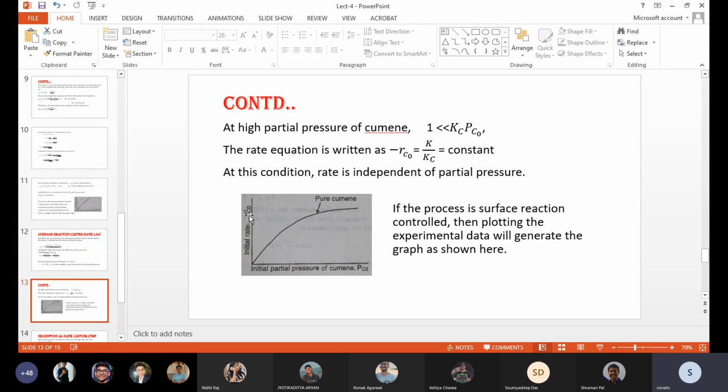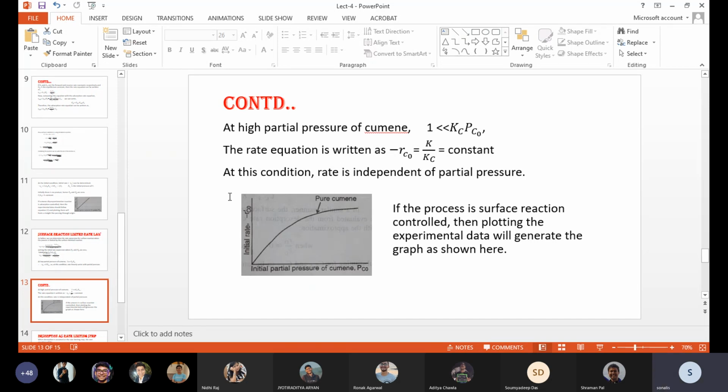So if we plot initial rate against the partial pressure of cumin, at low partial pressure it is a straight line passing through the origin. As the concentration or partial pressure of cumin increases, the rate becomes independent of the partial pressure of cumin. If the process is surface reaction controlled, then plotting the experimental data will generate the graph as shown here.